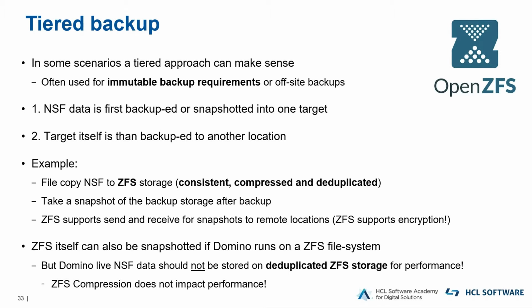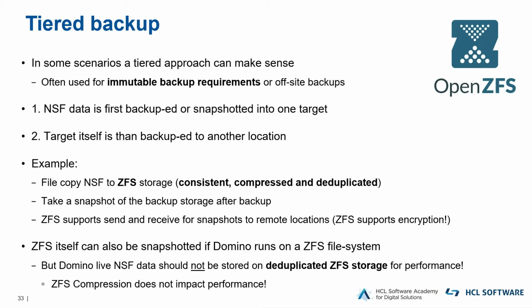One thing that you should note: if you copy to a backend storage and the backend storage is always mounted to your server, this is not an immutable backup. Immutable backup would be something that is separate from your Domino server.